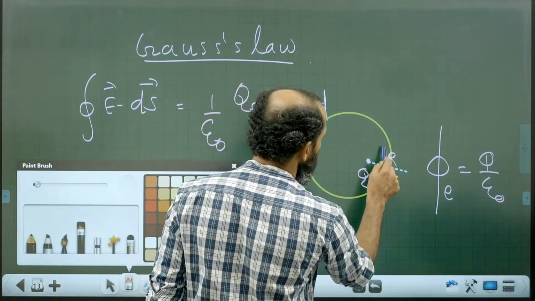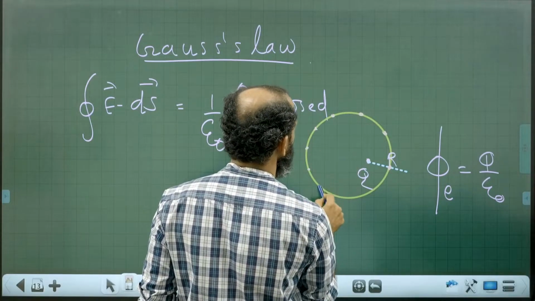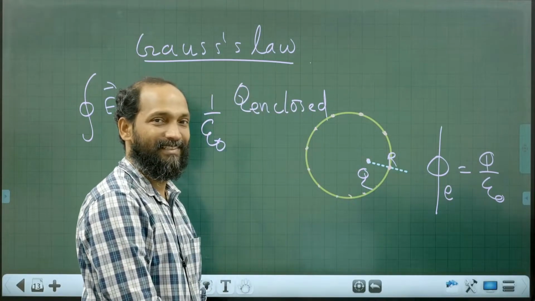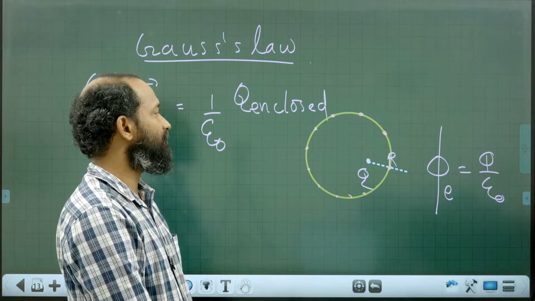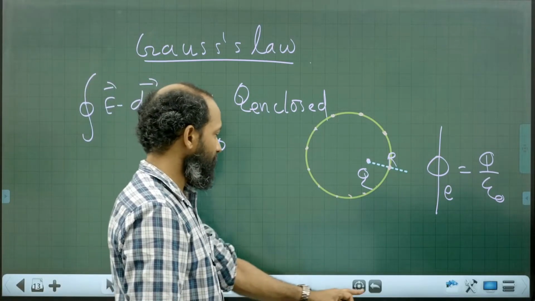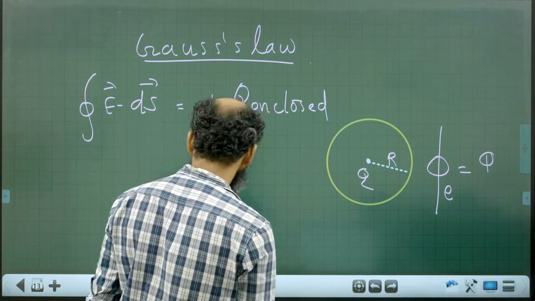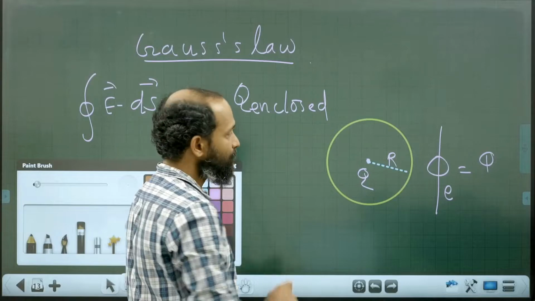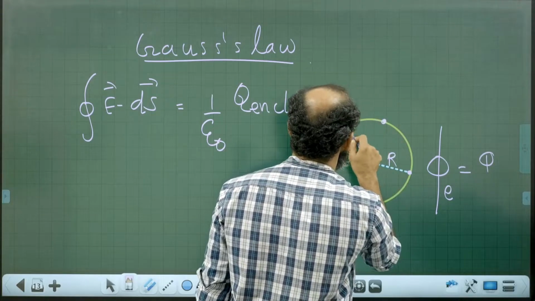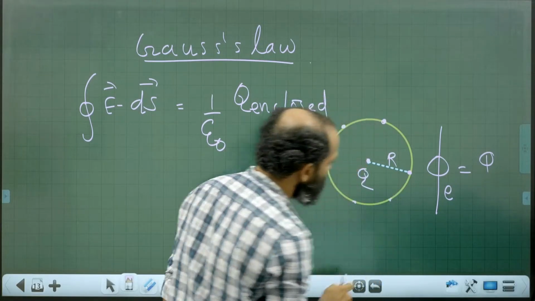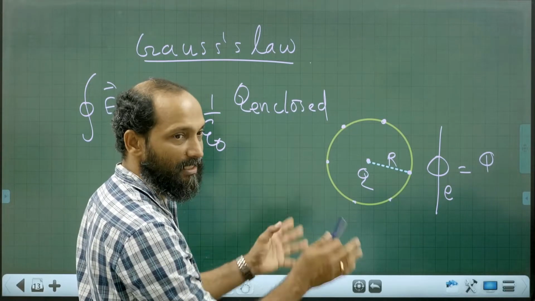But if you consider points on the surface, the field at every point is different in magnitude as well as direction. When you apply Gauss's law, normally we choose a symmetric surface where the magnitude of the electric field is the same, because the radial distance is the same. 1 by 4 pi epsilon 0 Q by R square is the field at the outer surface.